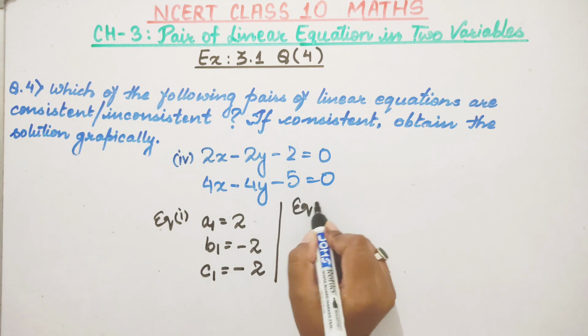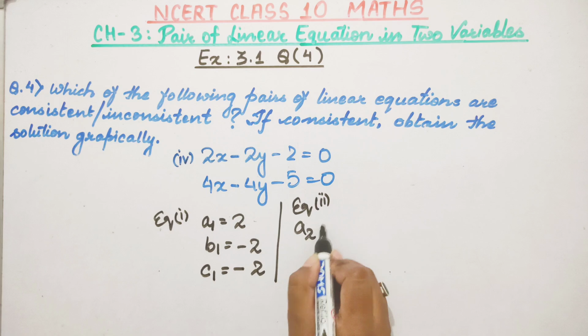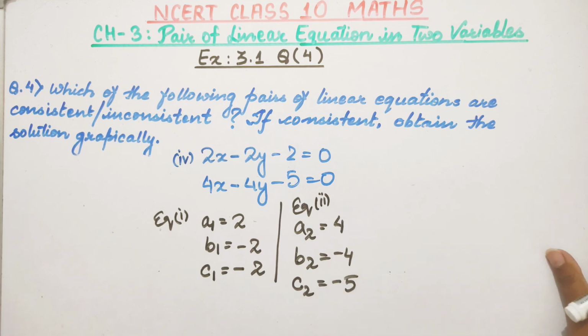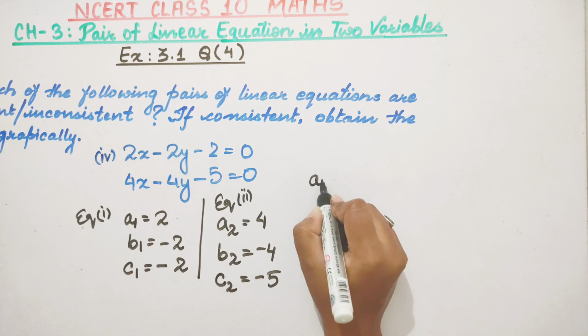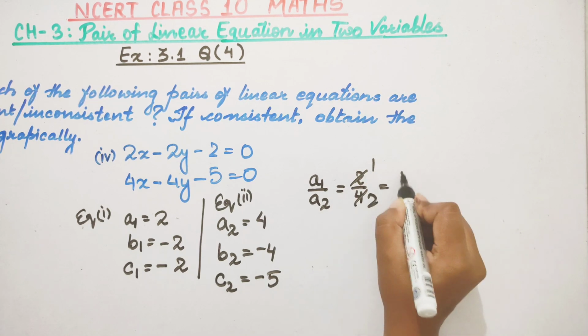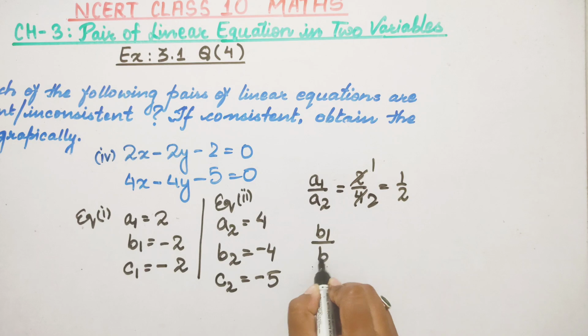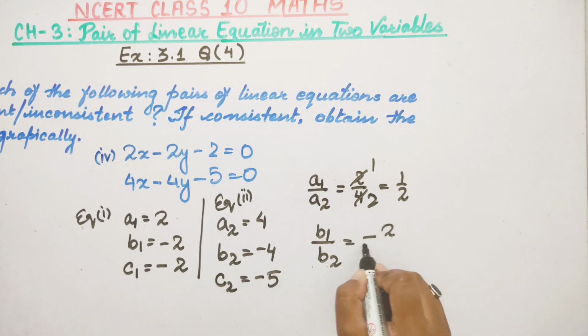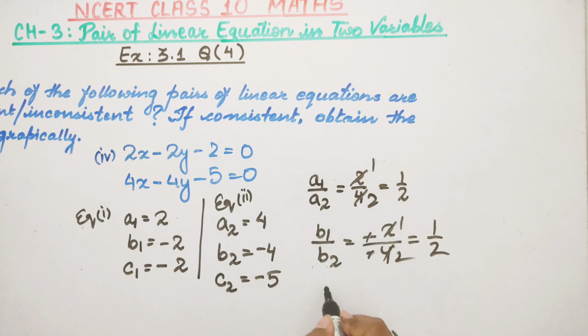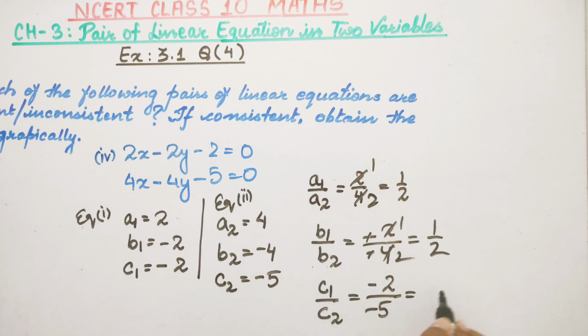In equation 2, a2 equals to 4, b2 equals to minus 4, and c2 equals to minus 5. a1 by a2 is 2 by 4, which is half. b1 by b2 is minus 2 by minus 4, which is again half. c1 by c2 is minus 2 by minus 5, which is 2 by 5.